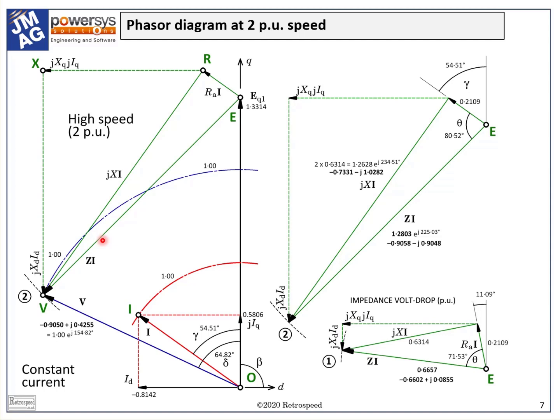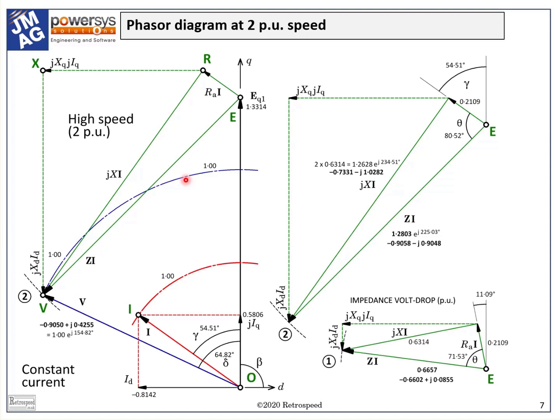The main diagram shows that we must rotate the voltage drop part EV about the point E so that the resulting terminal voltage OV returns to the voltage limit circle at 1 per unit.